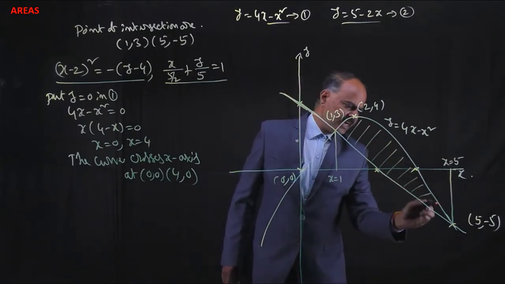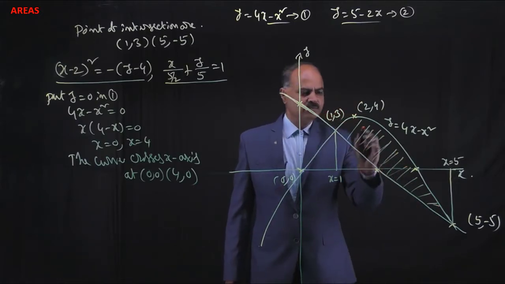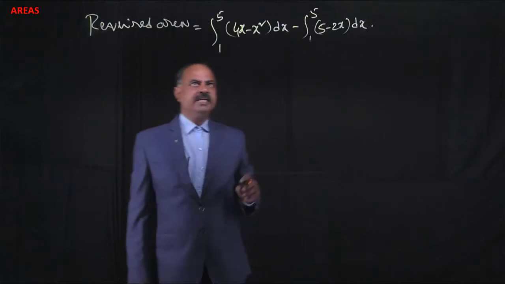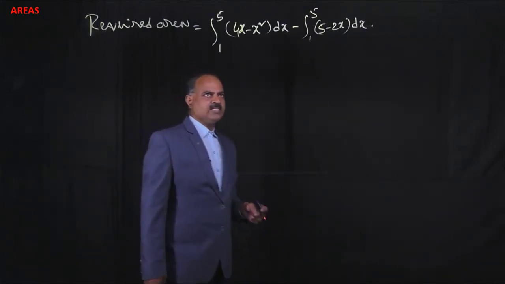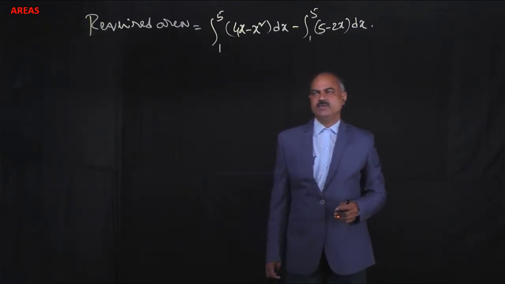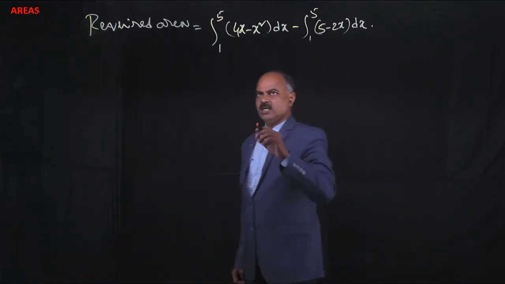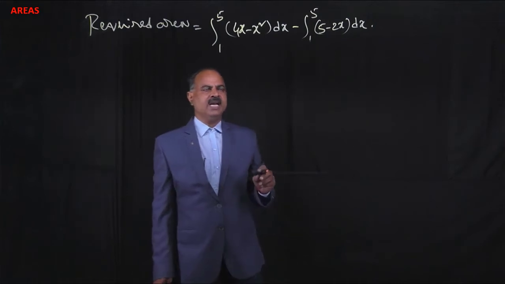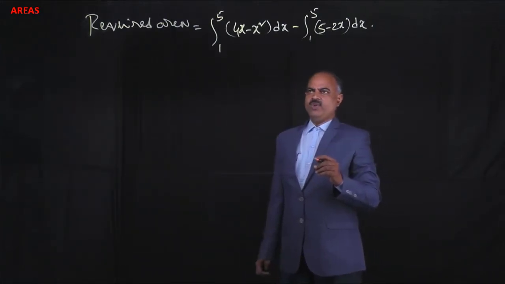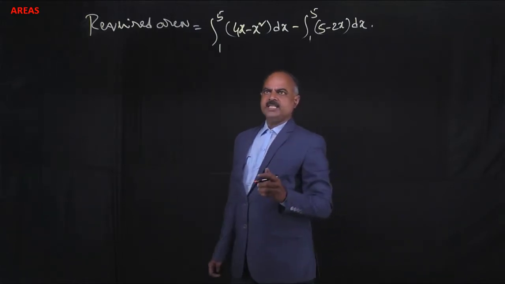Now I have to find this area. Required area is equal to integral 1 to 5 of 4x minus x square dx minus integral 1 to 5 of 5 minus 2x dx. The points of intersection are 1 comma 3 and 5 comma minus 5. So in the interval 1 to 5, write upper curve minus lower curve.